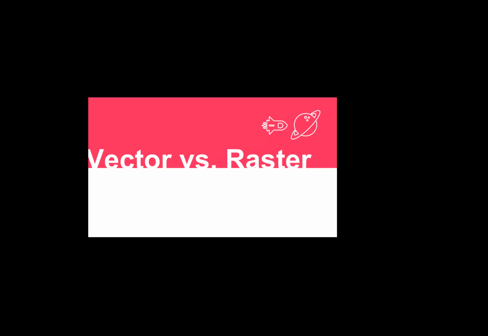Exactly. So Illustrator is a vector-based program, so it is not pixel dependent. It's actually based on lines and mathematical equations that come up with lines. So it will never have to depend on pixels to comprise the images within it.